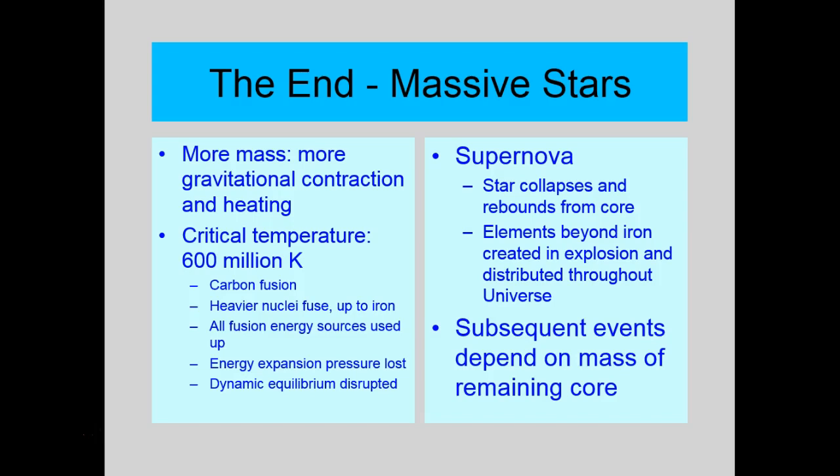Elements beyond iron are created in this massive explosion because it literally does force other atoms together, but not enough to sustain itself. No more dynamic equilibrium, that kind of stuff. So you do form these heavier elements. Okay? That's where all these things, there's iron right there, and all the ones beyond iron are formed there.